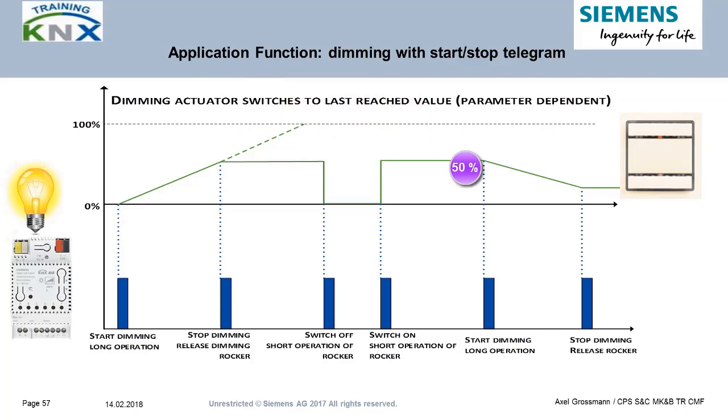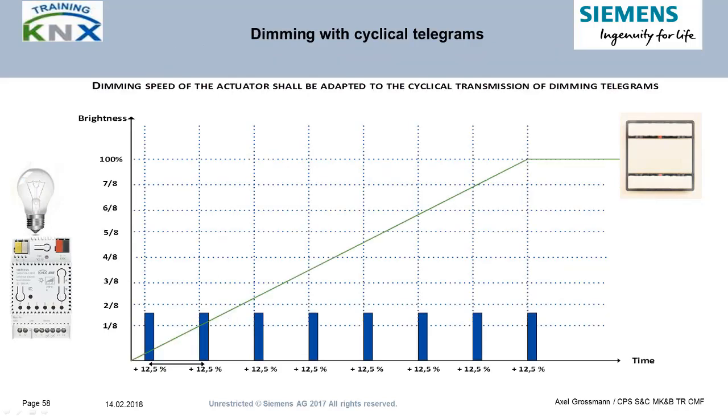The latter one is exactly what happens here. The dimmer jumps back up to the last value of 50%. If this isn't what you want, then you must operate the rocker like described before, in this example by holding the button pressed, to dim darker by telegram 5 and stop by telegram 6.